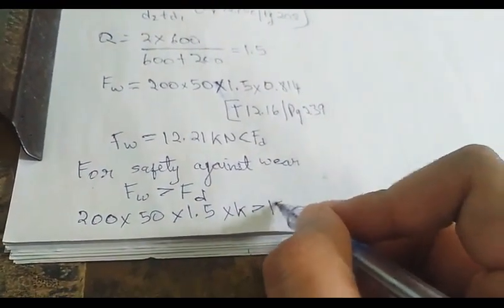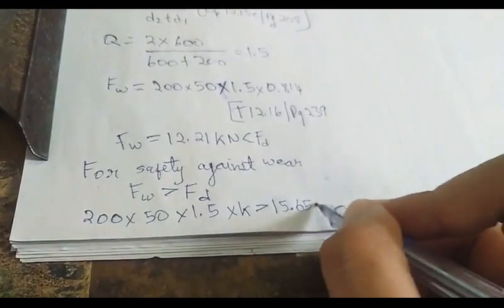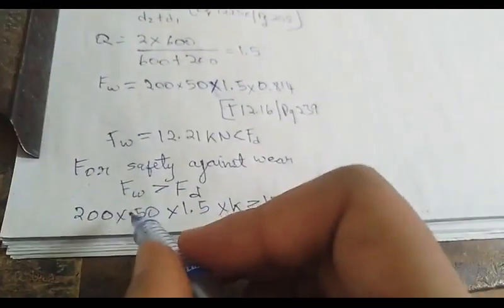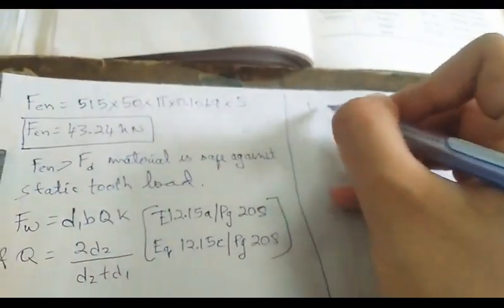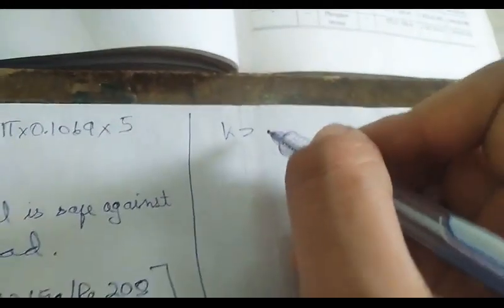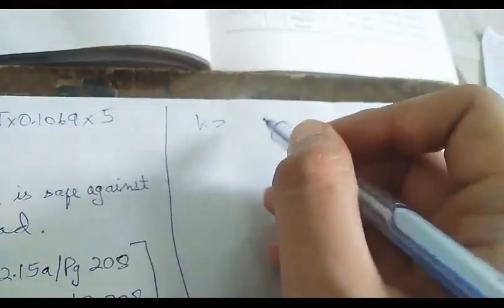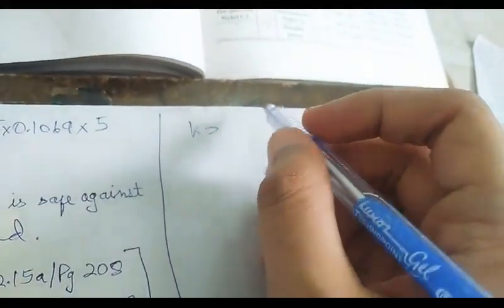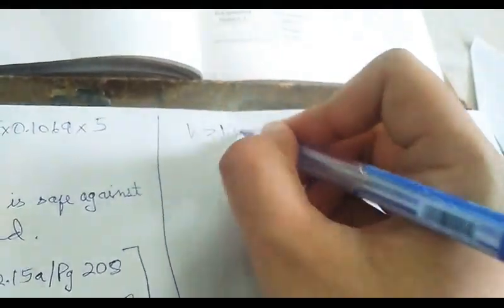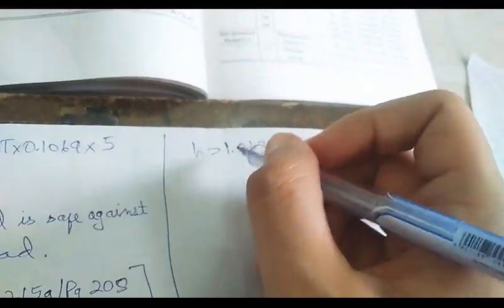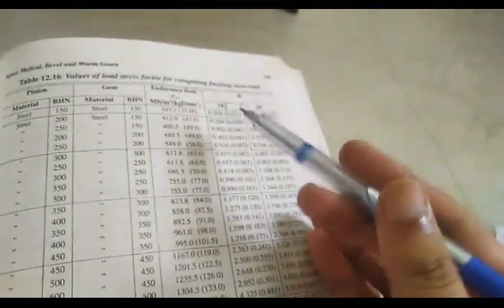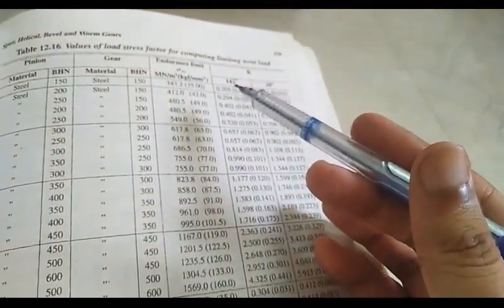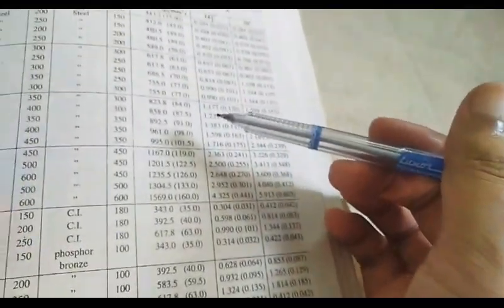FD is 15.65 into 10 power 3. So for this value the K should be greater than 1.043. From the table we can observe the values of K for 14.5 degree greater than 1.043.